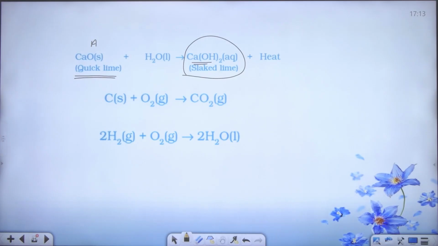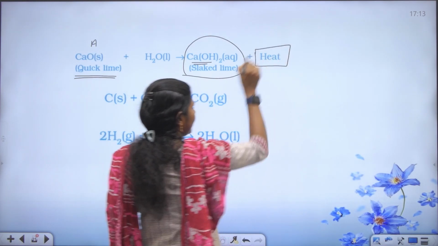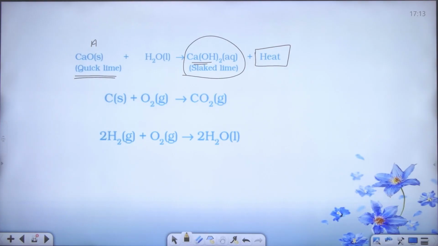Calcium oxide reacts with water to form calcium hydroxide plus heat. That means in this reaction it emits heat energy. This is a type of combination reaction.